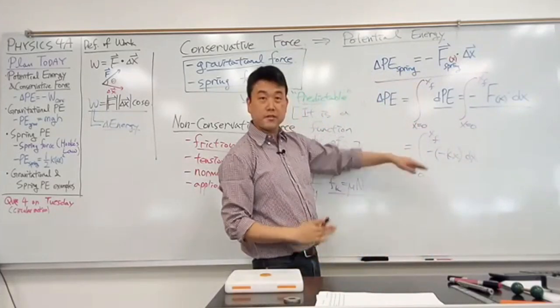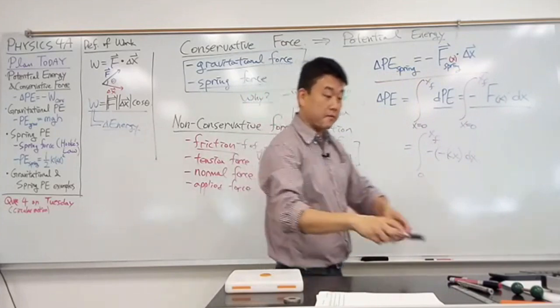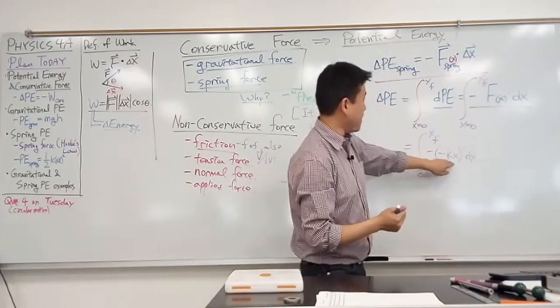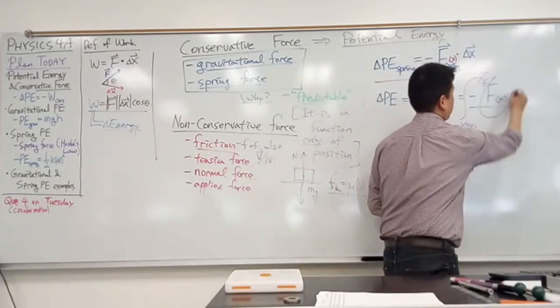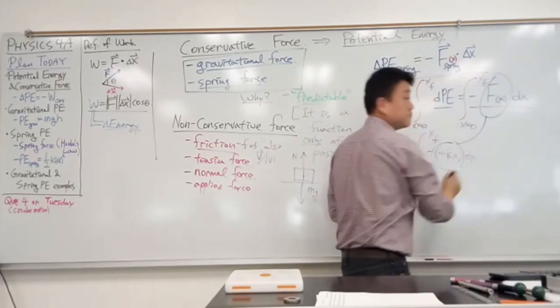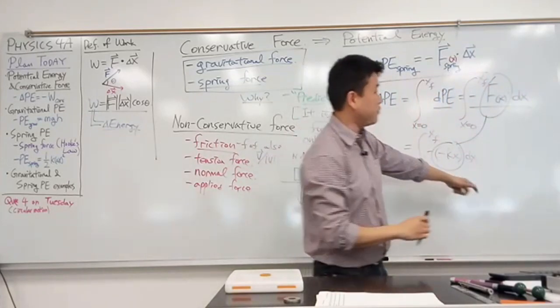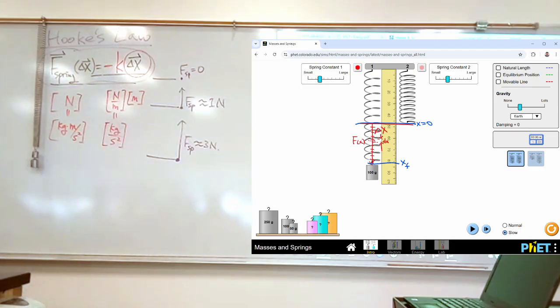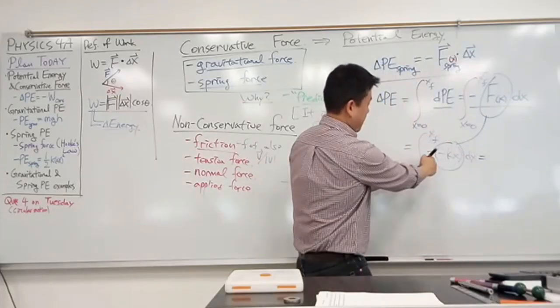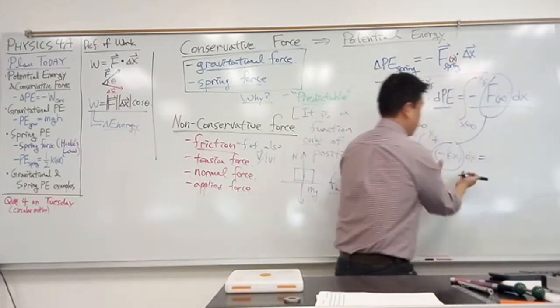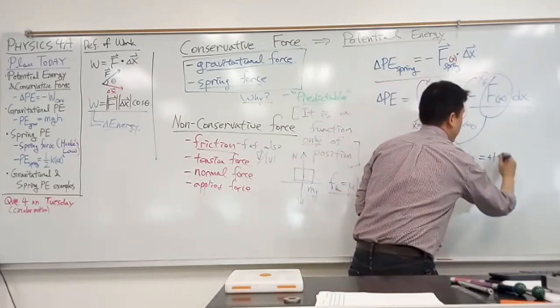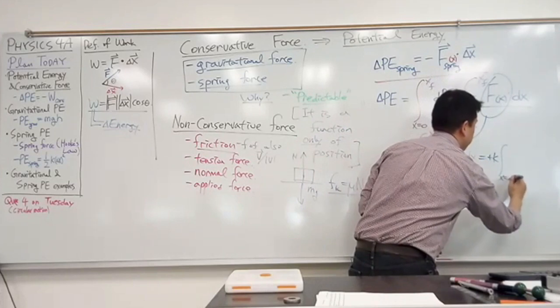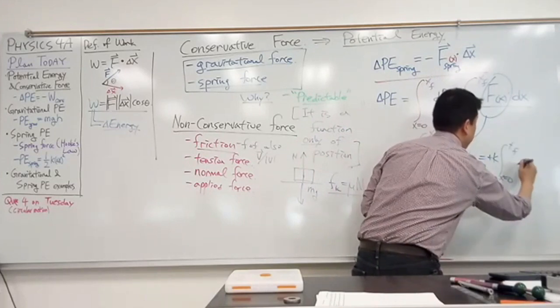Everyone here knows how to do this integral? Yes? Yeah. Minus kx, because that's the expression for the force. I include the minus sign to indicate the force is pointing upward as x goes from, yeah. So minus minus, it's plus. Let me pull out the constant factor, plus k, going from x equal to 0 to x final, x dx.